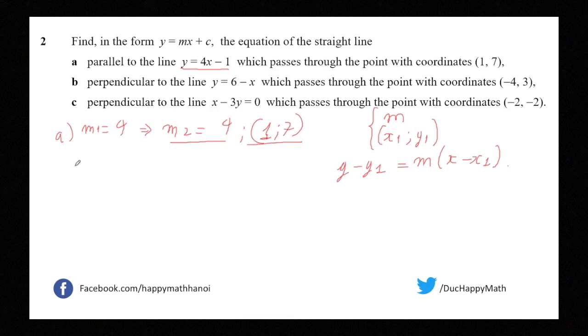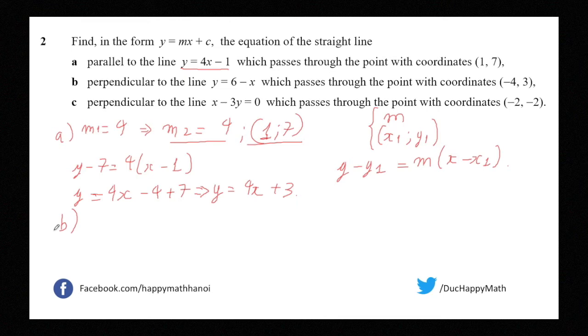So the equation of the straight line is y - 7 = 4(x - 1). So y = 7 + 4x - 4, which means y = 4x + 3.